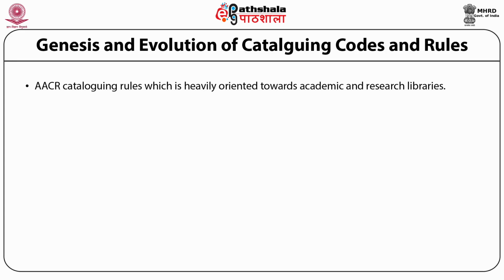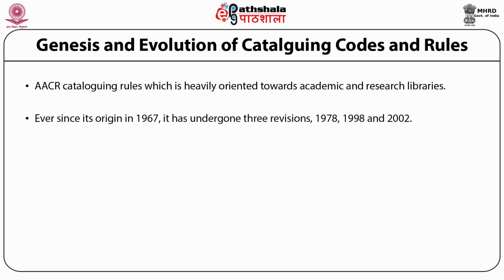AACR cataloging rules, which are heavily oriented towards academic and research libraries. Ever since its origin in 1967, it has undergone 3 revisions: 1978, 1998 and 2002.